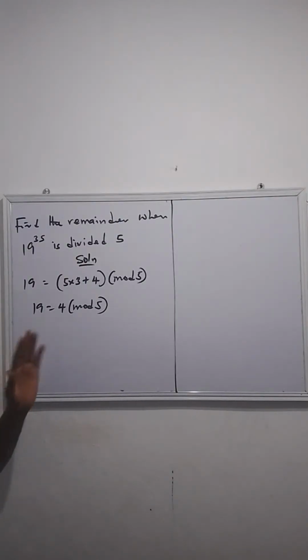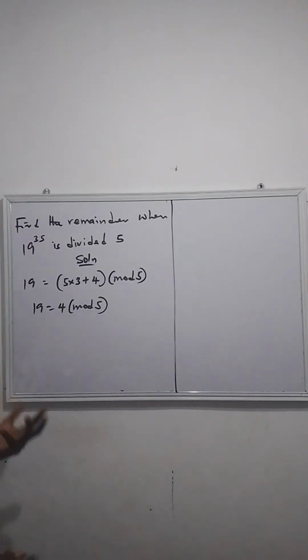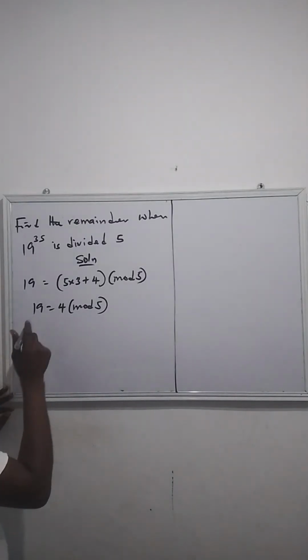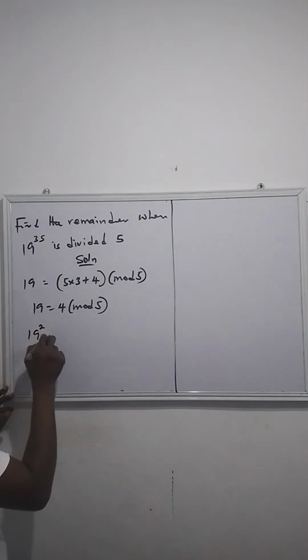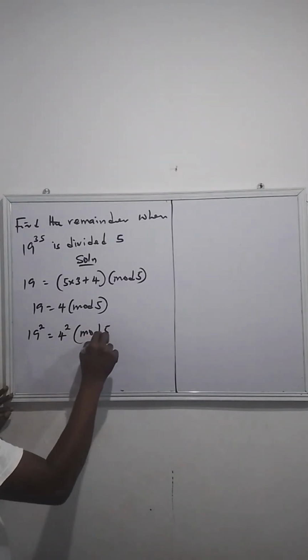All right. Now my objective is, let me find a way of making this 4 turn to 1. So once I get that, I don't have any problem again. That means my problem is partially solved. So now let me square both sides. I have 19 squared equals 4 squared mod 5.